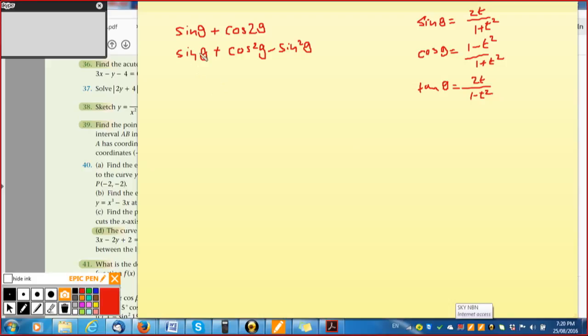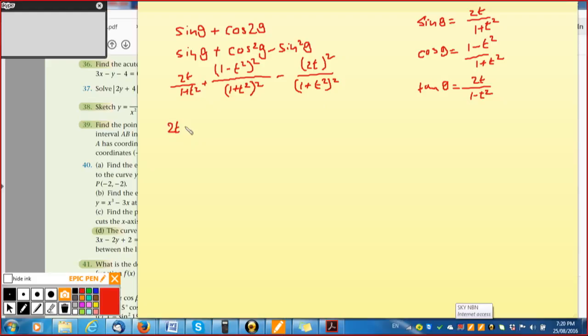Okay, cool. Let's have a look. So you've got 2t on 1 plus t squared plus 1 minus t squared all squared on 1 plus t squared all squared, minus 2t all squared. Does that make sense? Yes. So now let's multiply this by 1 plus t squared, and the top by 1 plus t squared.